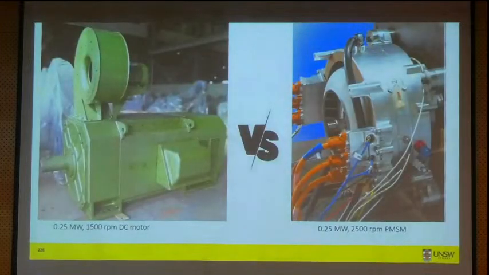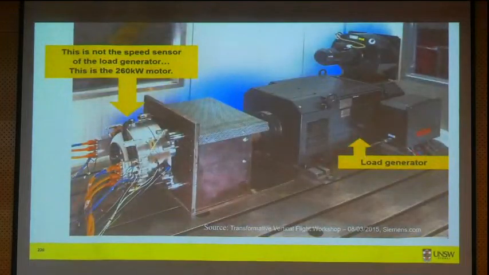You can also see how the high speed reduces size. I think this is one of the interesting pictures. It is actually from Siemens, and they have developed this rotor which is 260 kilowatt, so a quarter of a megawatt. Compare that with this. This is also a 250 or 260 kilowatt conventional, I think it was a conventional synchronous motor or induction motor.